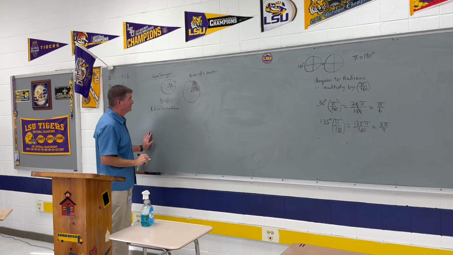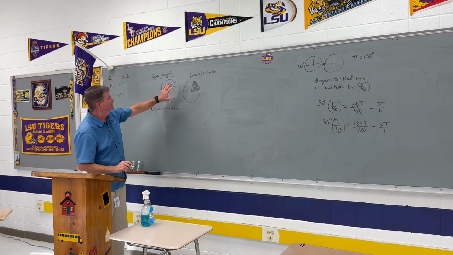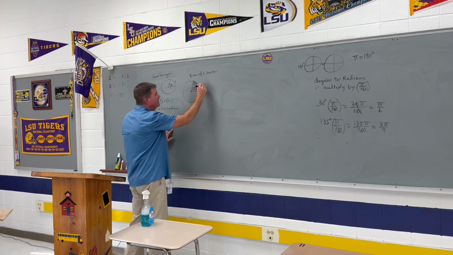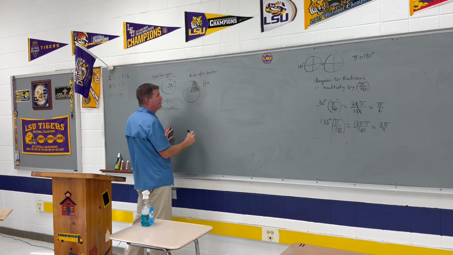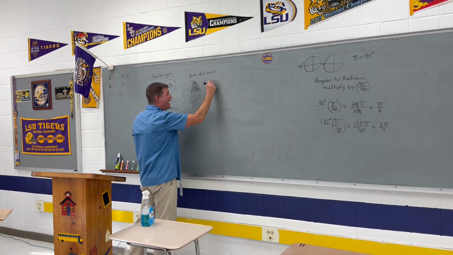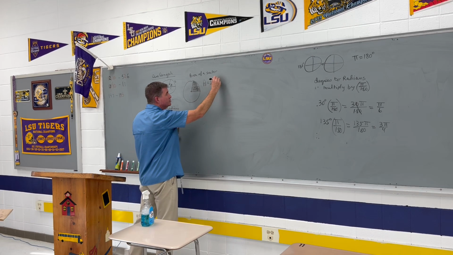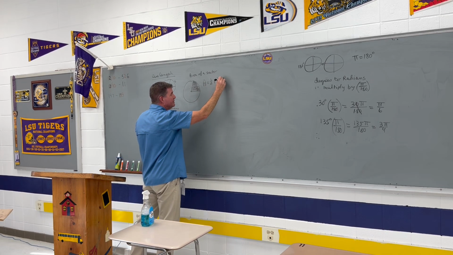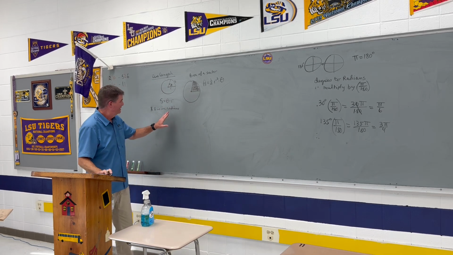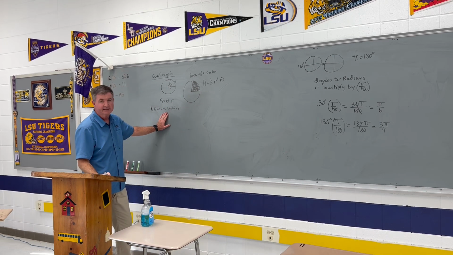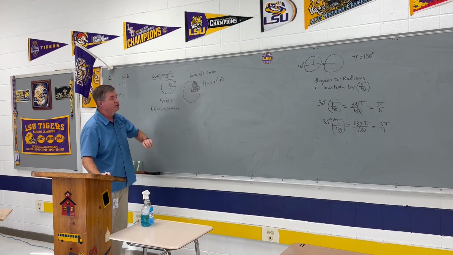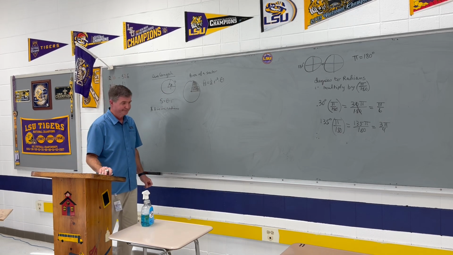The area is equal to 1/2 of the radius squared times theta. Again, theta is in radians.